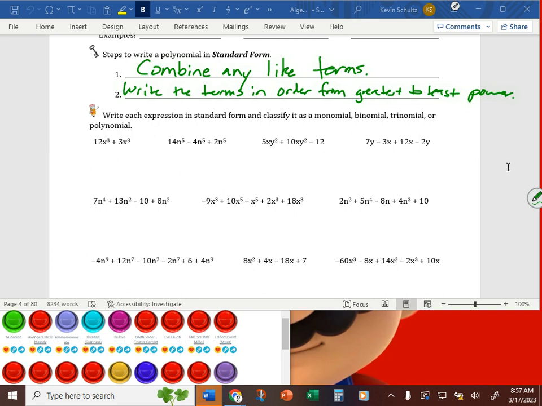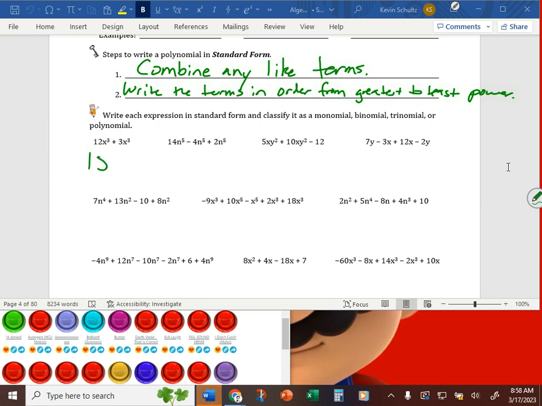Greatest to least power. So an example of just combining the like terms: this first one, 12x cubed plus 3x cubed. How many x cubes do we have in all? 15. Remember what a coefficient does. A coefficient tells us how many of something we have. Whatever x cubed is, we've got 12 of them here, then we're getting 3 more.